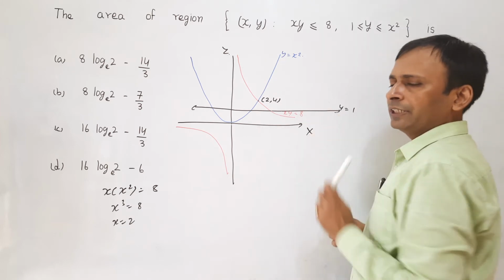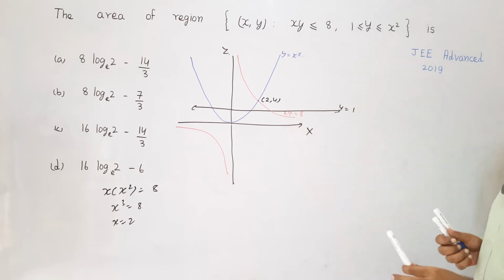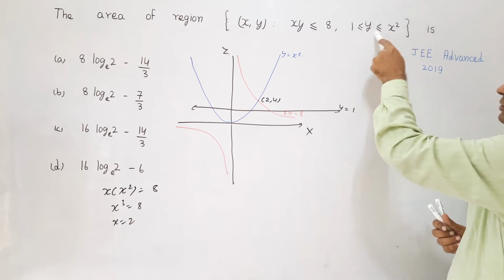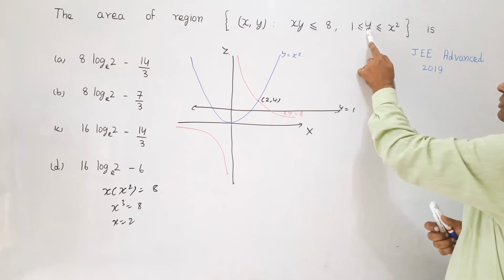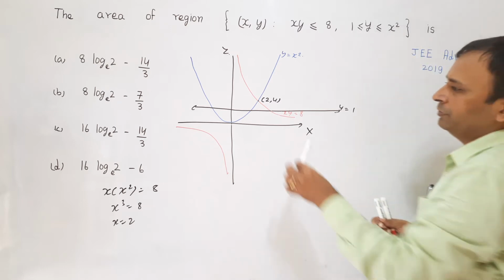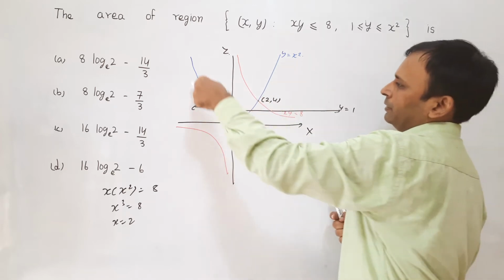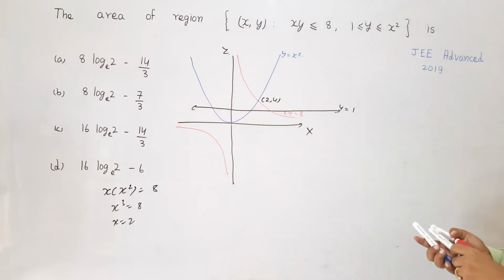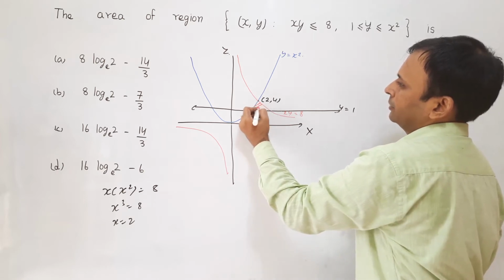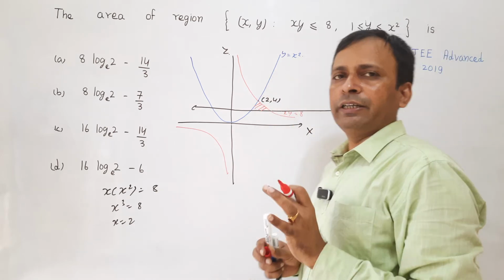Because if you take any point on the x axis, say 1 comma 0, and put it in y less than or equal to x square, 1 comma 0 will satisfy this inequality, because 0 is the y coordinate, 1 is the x coordinate, and 1 is greater than 0. So definitely the required region will lie below this parabola. So our favorable region in this case is the only required area. Our required area will be only this much.